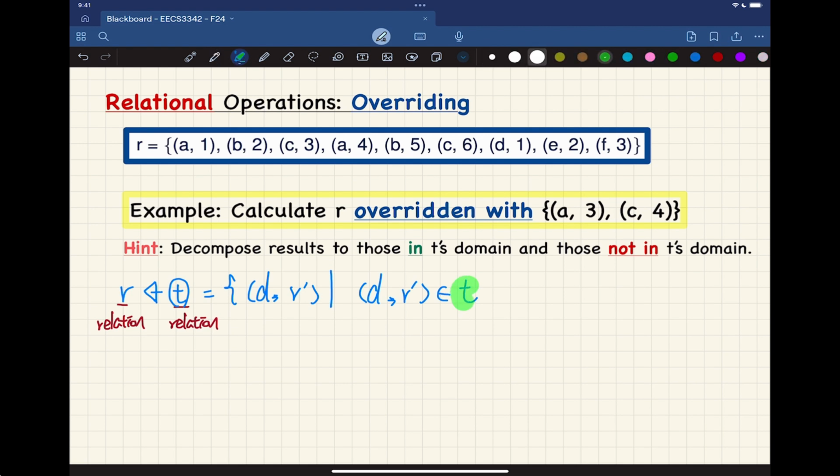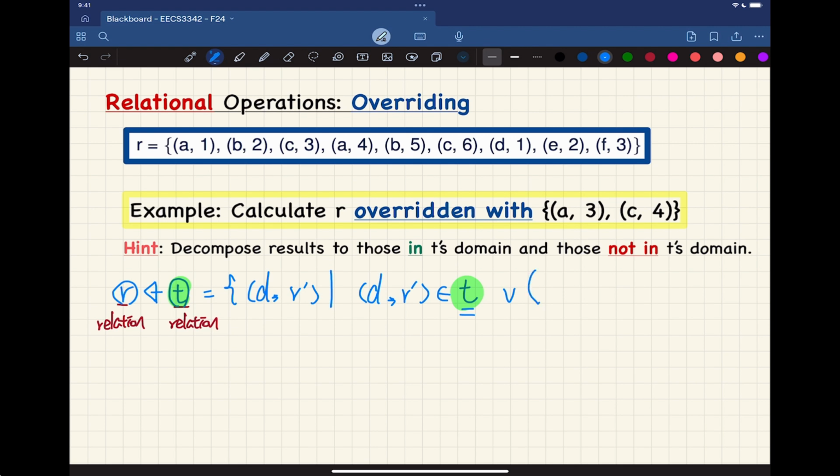This T here is the T here. Or there will be another half that we want to include. What would that be? If the pair is in R, but its first value is not part of the domain of T, we also include it. That's by definition. Try to look at this formal definition a little bit more, and then we'll see how to compute it.